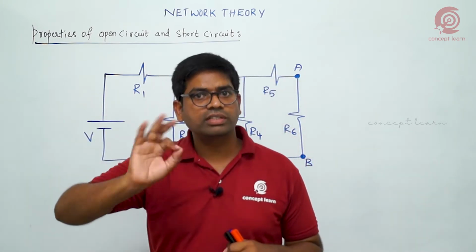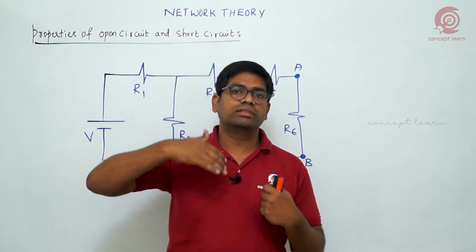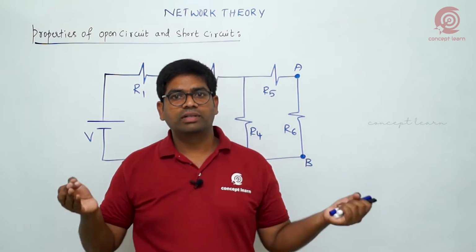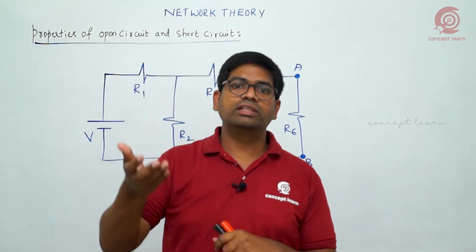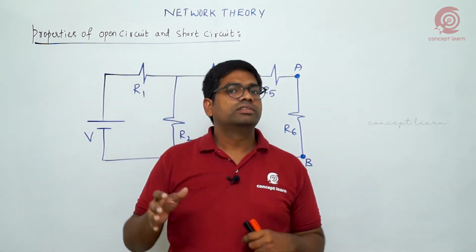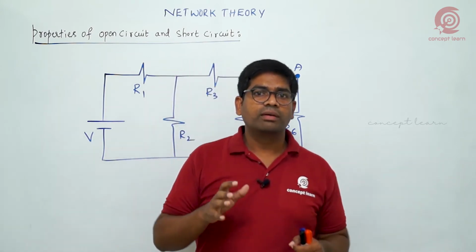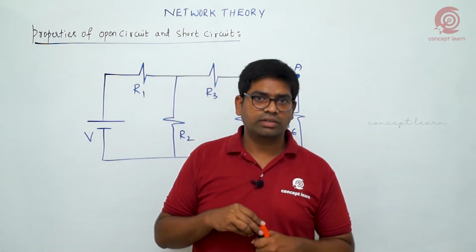For that also we deal with the open circuit, short circuit activity, where we provide some sample frequencies and see how these elements react. Based on that we identify. So these are the different possibilities we have for the properties of open circuit and short circuit.